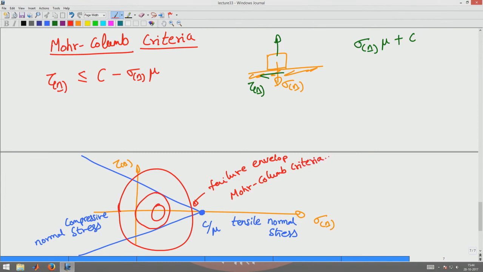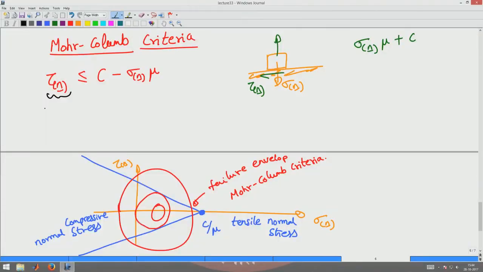Note, till now we have been writing the criteria in terms of the principal values or the principal invariants, but the Mohr-Coulomb criteria can also be written in terms of the principal invariants, though it is a complicated expression. For this course we will not do that, and we leave it at the intuitive level wherein we write it in terms of the Mohr circle diagram.